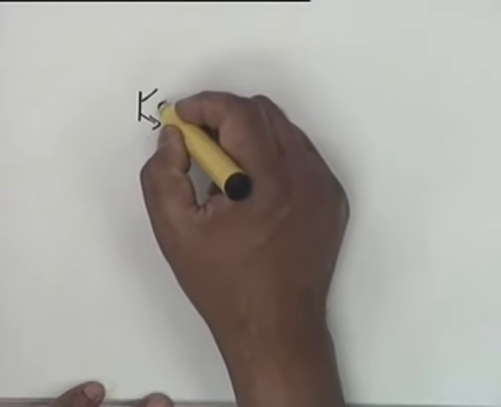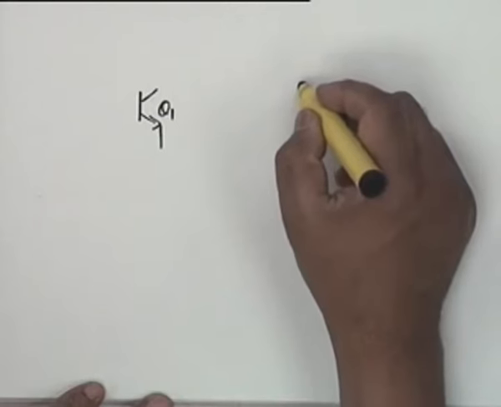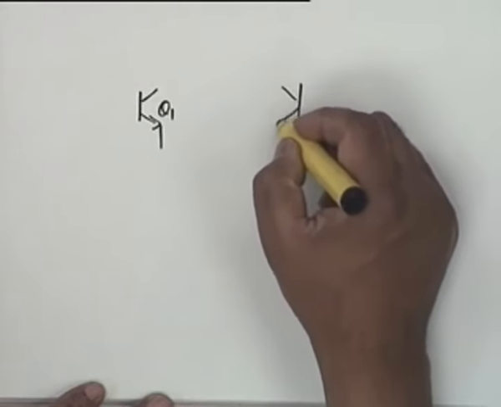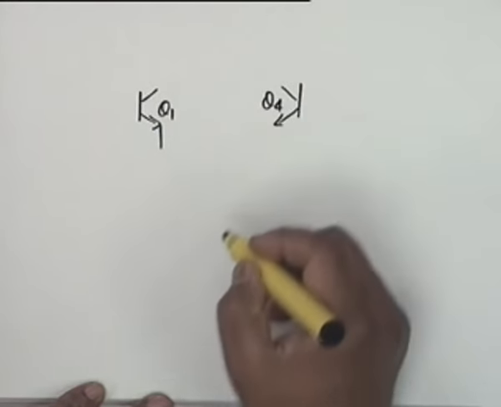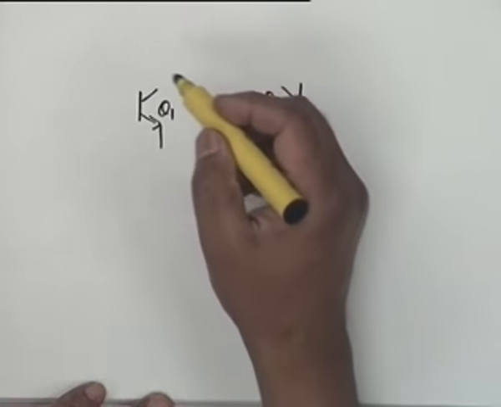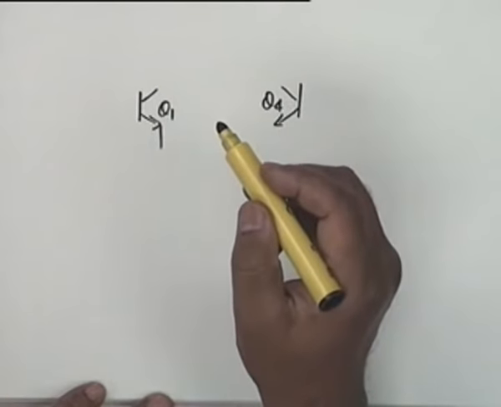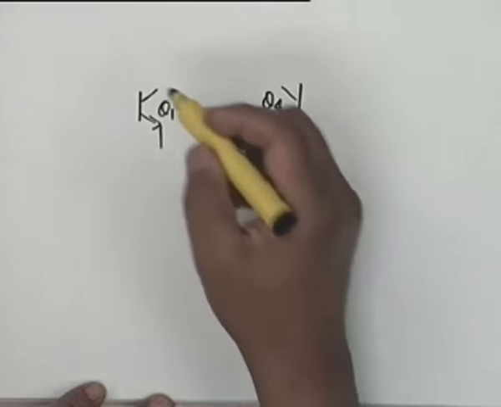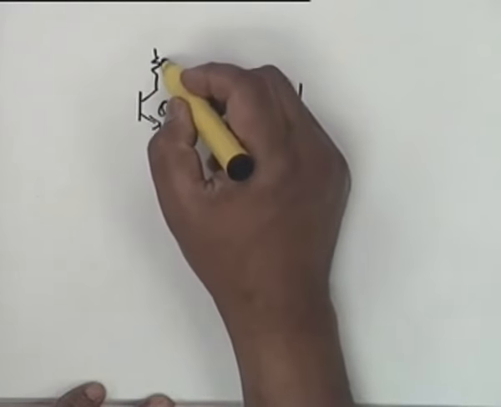The total circuit, the complete circuit, now I shall draw. Please try to draw with me. The complete circuit in which a voltage is the input and a voltage is the output. The circuit is like this. You have the two basic transistors Q1 and Q4, and instead of taking the current as the output, since we have to take the voltage, we add a load to both.